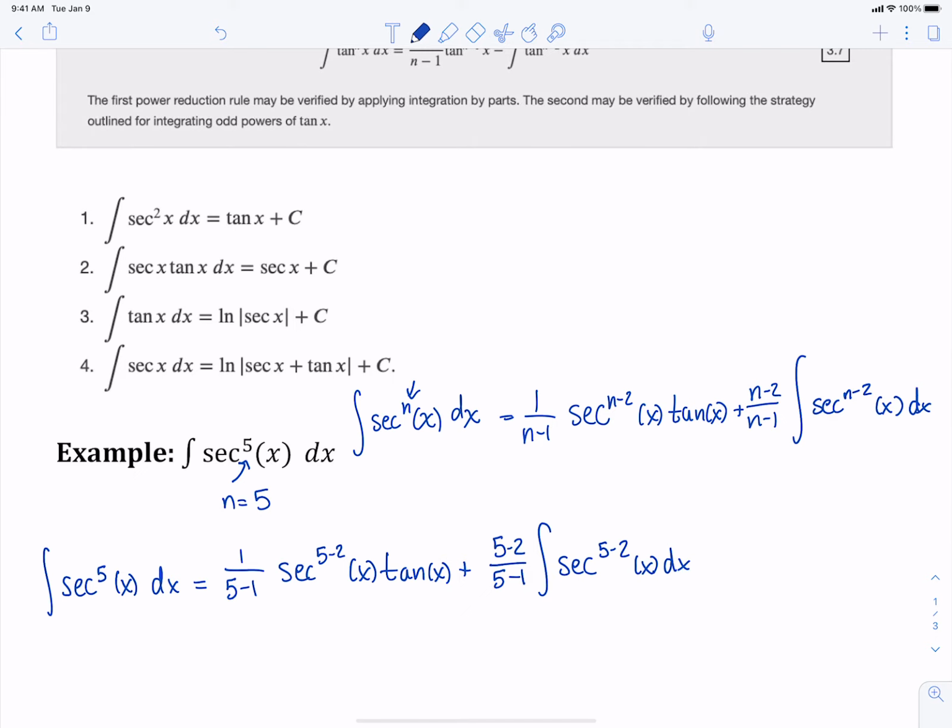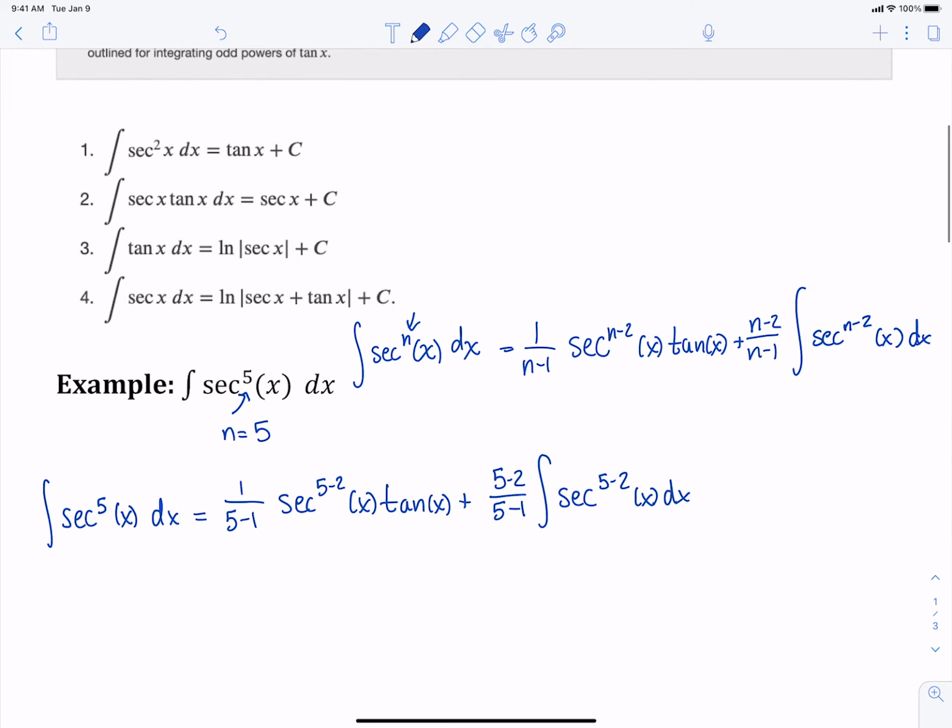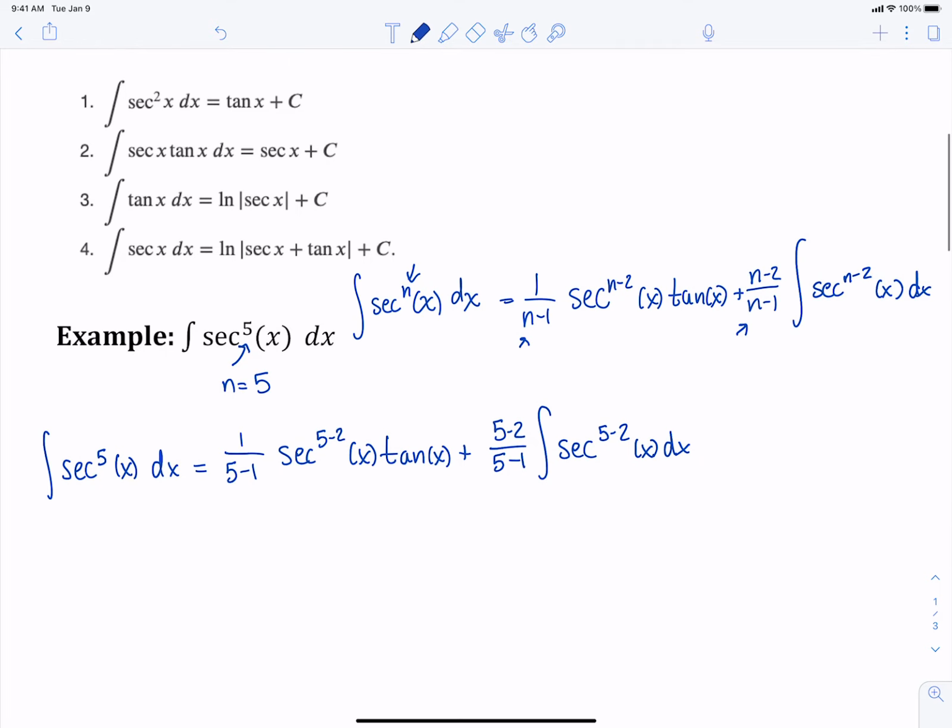And again, I'm writing all of these out so you can see where all of these coefficients and exponents are coming from. They're coming from that 5.